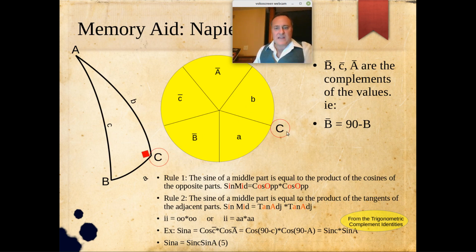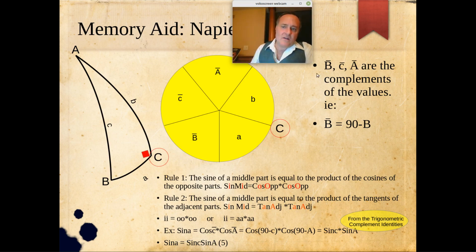But we're leaving it out intentionally. And it's strange because the two values next to C, A and B, don't have a little line over them. The values opposite C, not touching C, do have a little line over them. And that little line is an indicator to us that we're using them in a special way.